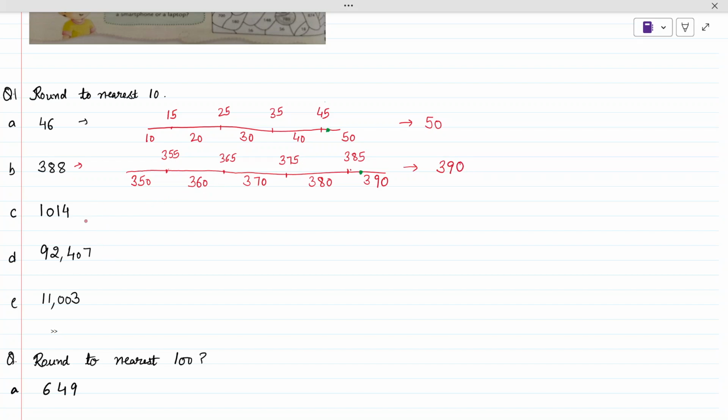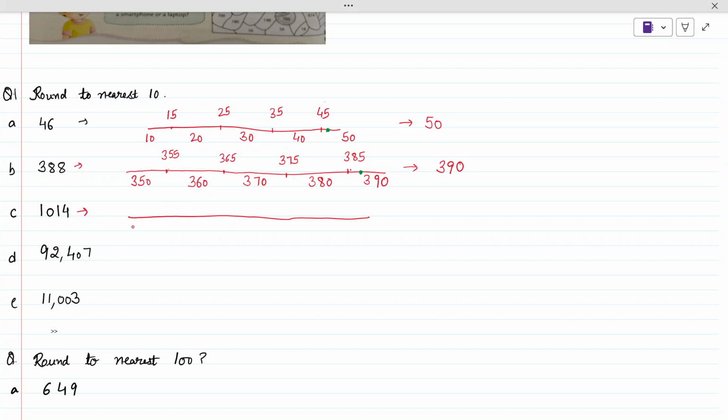Next one is 1014. अब हम इसको प्लॉट करते हैं. So 10 and 14 is, अब हम इसको प्लॉट करने के लिए we will take the multiples of 10.